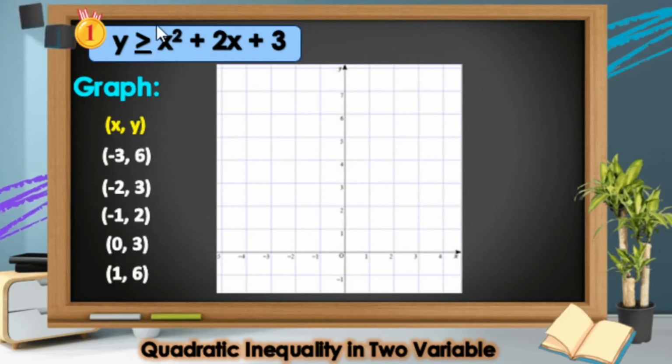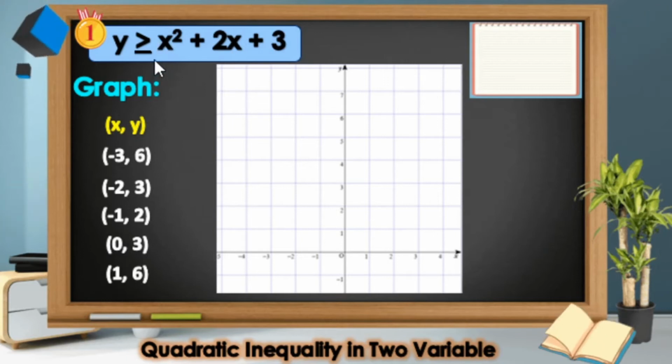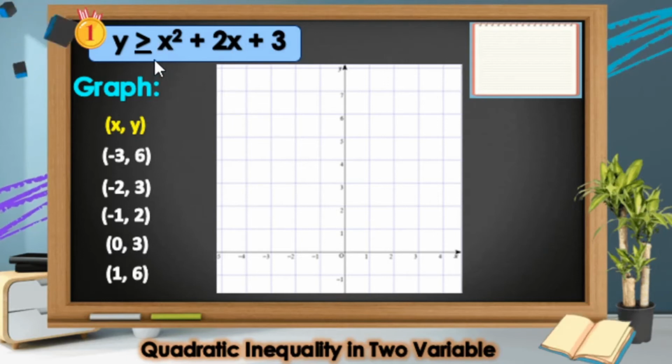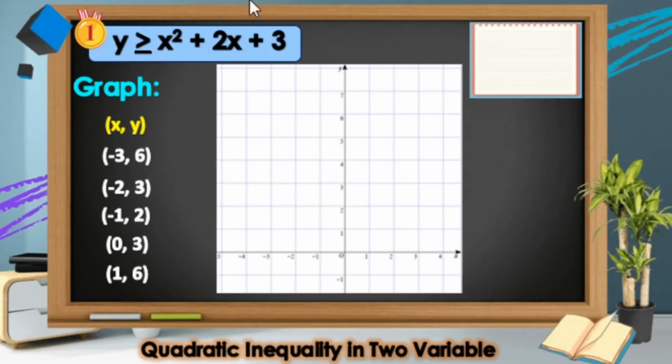So, tingnan natin ang ating inequality symbol which is greater than or equal, no? Tignan din natin yung value ng ating a. Ang sabi kanina, if the value of a is greater than 0, the graph should open upward, no? In this case, the value of a is positive 1. Therefore, our graph should open upward.